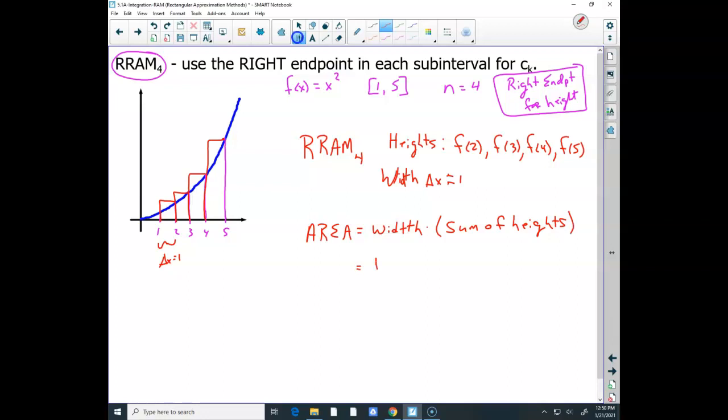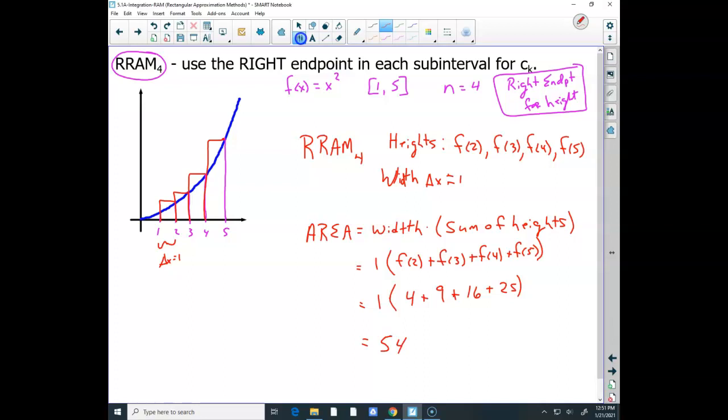So this area is going to equal 1 times the sum of the heights, that's f of 2 plus f of 3 plus f of 4 plus f of 5, which is going to equal 1 times 4, plus 9, because 3 squared is 9, plus 4 squared is 16, plus 5 squared is 25, which is going to equal 1 times, what do you get, 20, 45, 54.